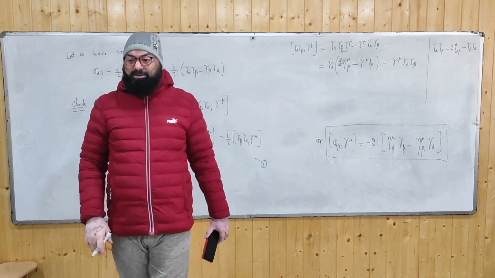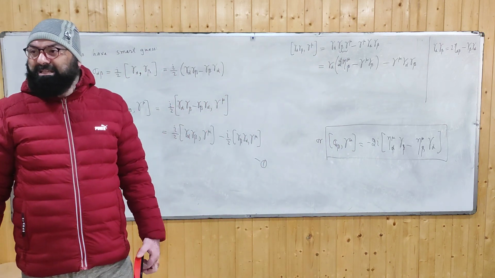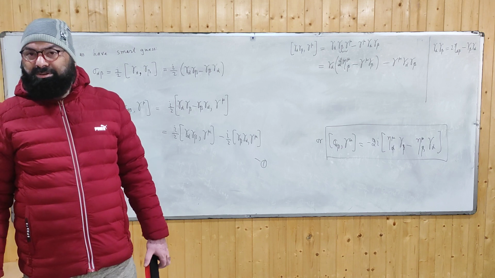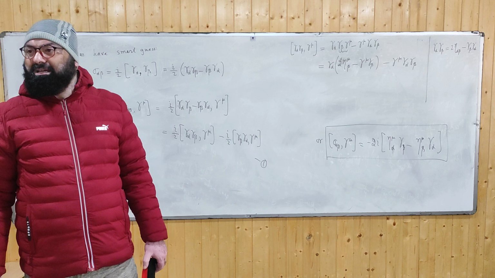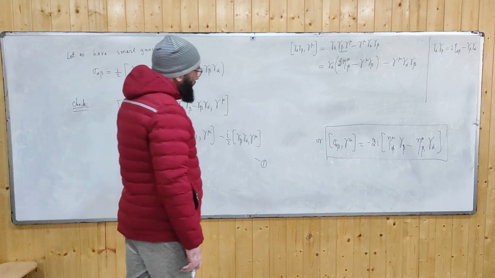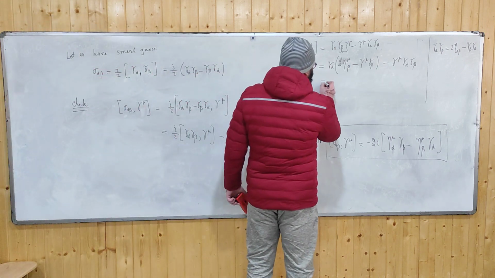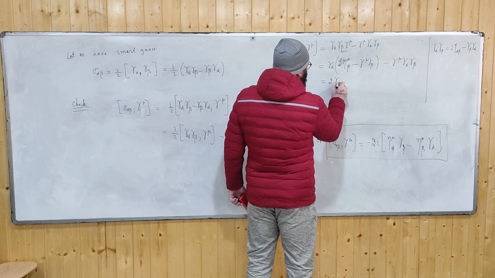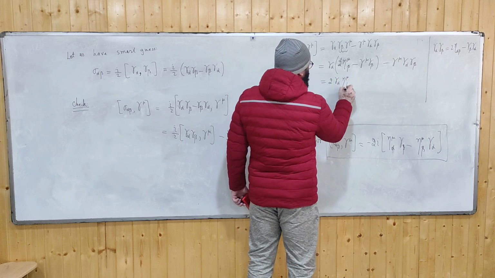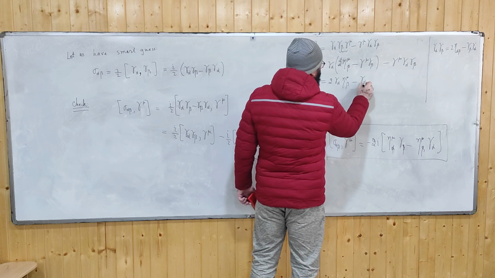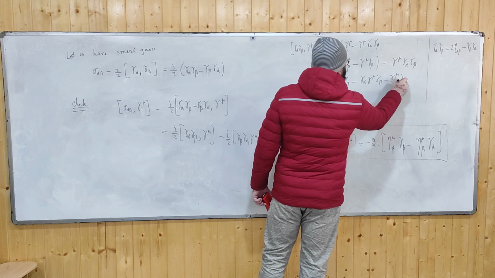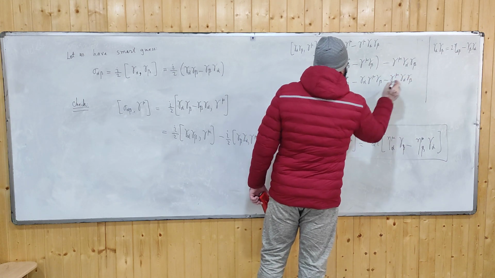You should know how to do the algebra of these gamma matrices, because it will be very useful when we do the trace of these gamma matrices. So now you are having twice gamma alpha eta mu beta minus gamma alpha gamma mu gamma beta minus gamma mu gamma alpha gamma beta.